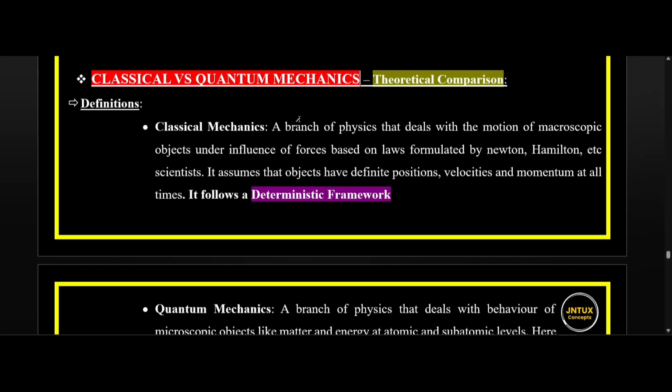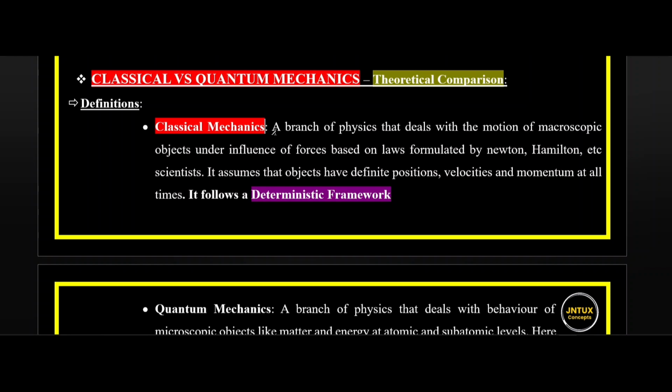Before directly moving into the topic, I'll be giving you a comprehensive definition of what is meant by classical mechanics and what is meant by quantum mechanics. So let's start with classical mechanics. Classical mechanics is a branch of physics that deals with the motion of macroscopic objects under the influence of forces, based on laws that are formulated by Newton, Hamilton, etc. scientists.